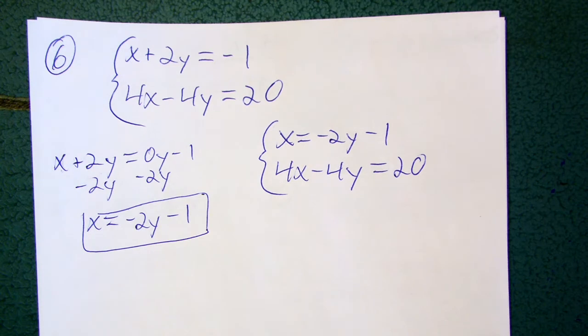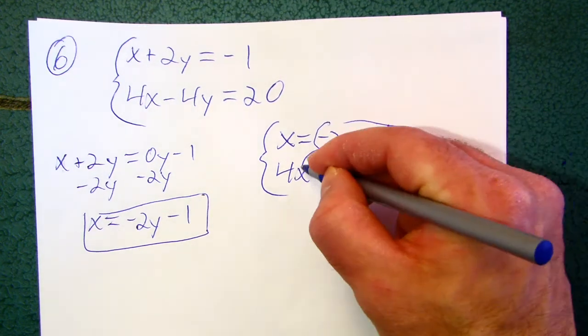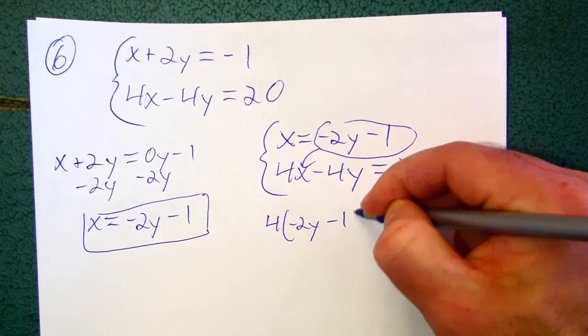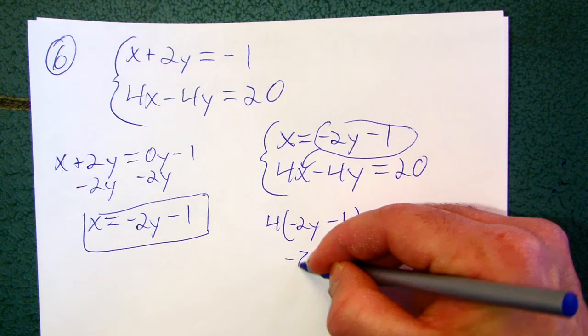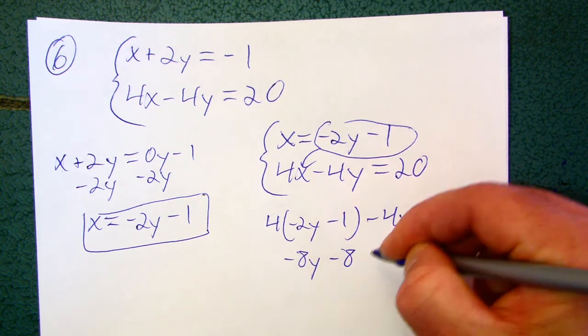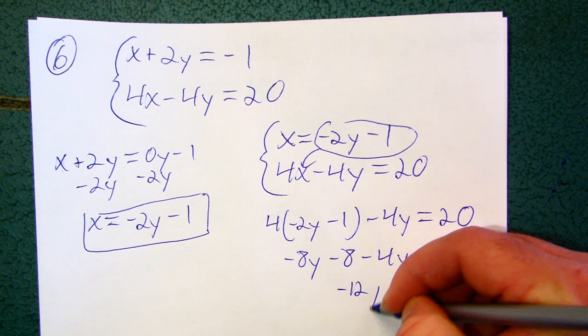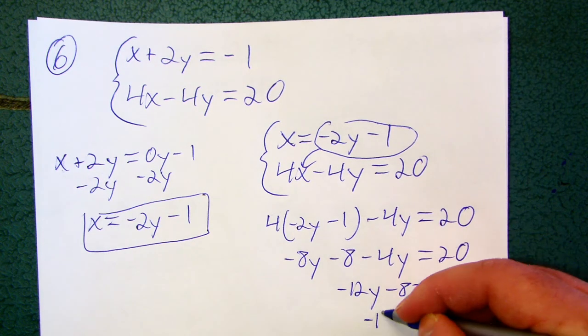All I do is rearrange that first equation. I'm going to take this negative 2y minus 1 and put it in for x right there. Distributive property. So I get negative 12y minus 8 equals 20. So negative 12y.